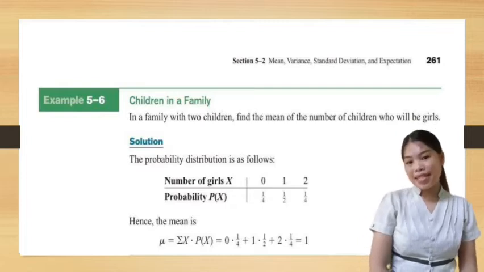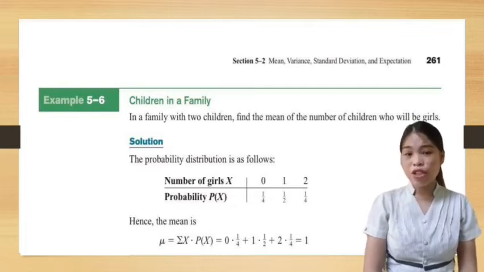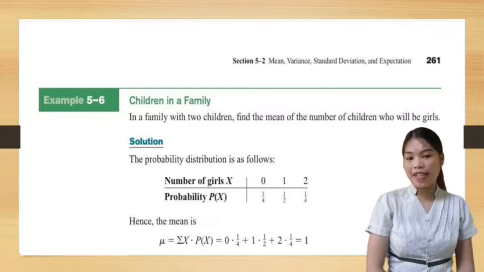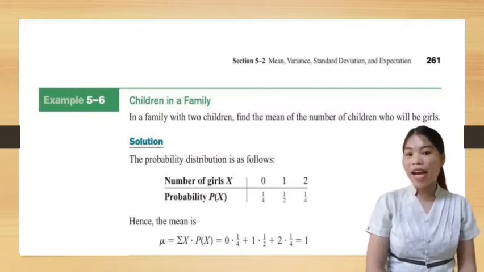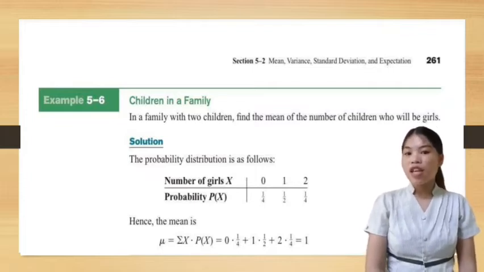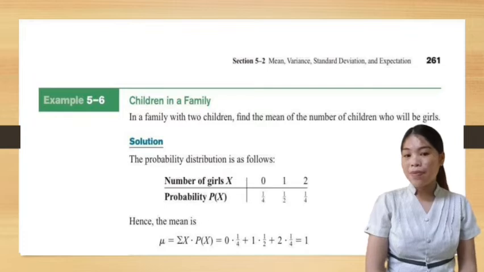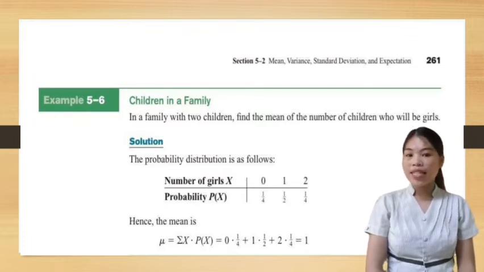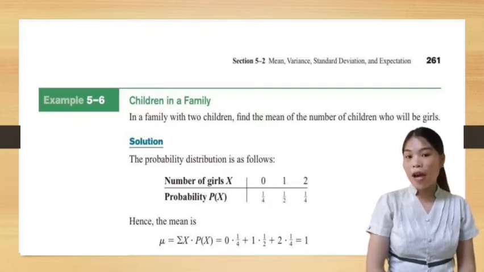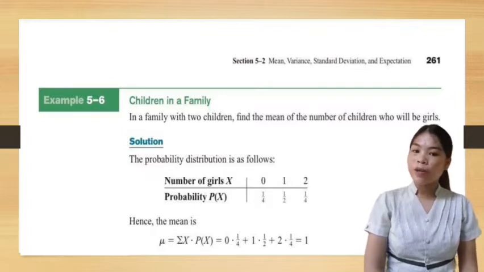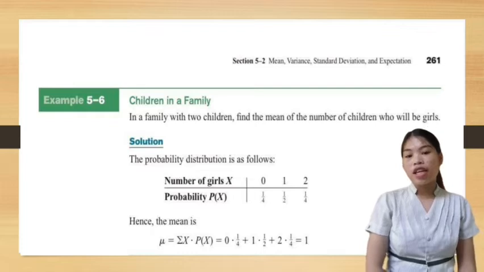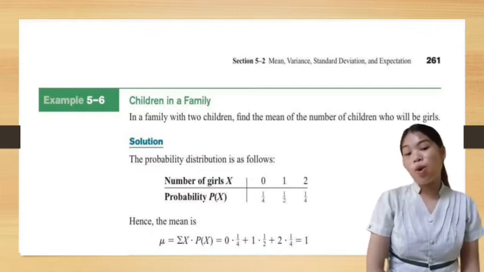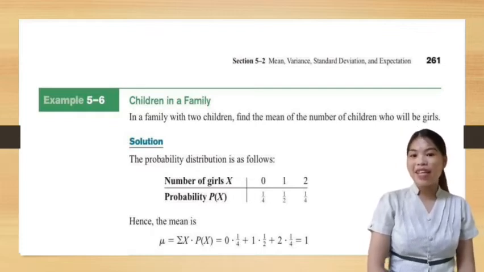Hence, the mean is the summation of x times P of x. We multiply each outcome by its probability and then sum up. First is 0 times 1/4 plus 1 times 1/2 plus 2 times 1/4. That is equal to 1. So our mean is 1.